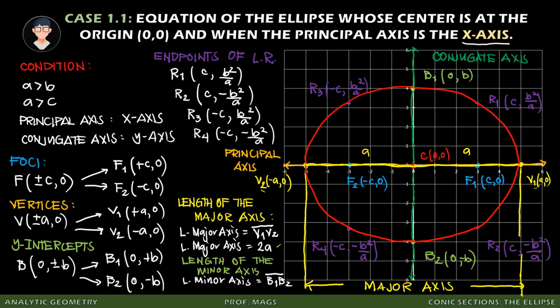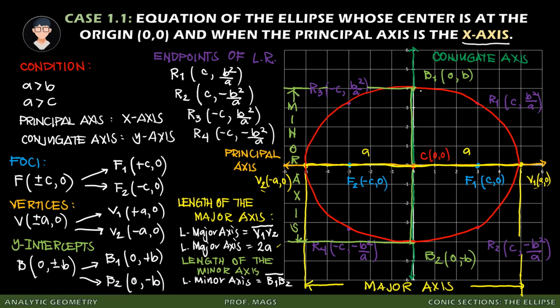This line right here from B sub 1, passing through the center up to B sub 2, that is our minor axis. So this is our minor axis from B sub 1 to B sub 2.